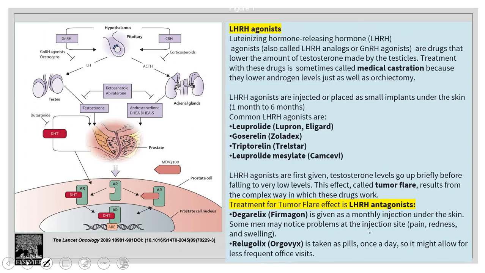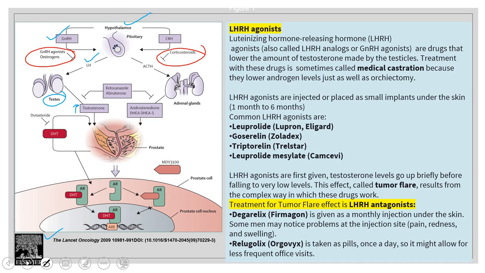So this is another way that I have taken from the Lancet, and the same hypothalamus GnRH, and then it is acting through the luteinizing hormone and the testes. So this testosterone is synthesized, and now you can block this process by taking the GnRH agonist, and you can block this through the corticosteroid as well.